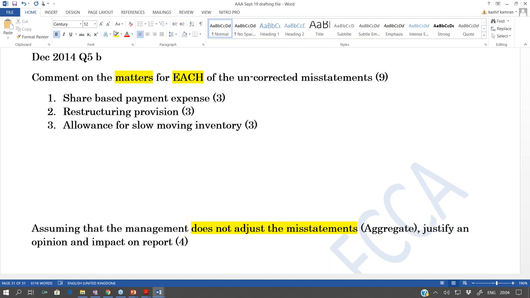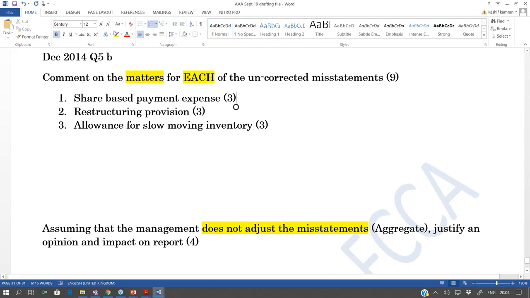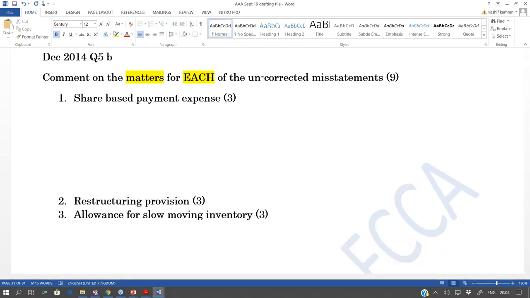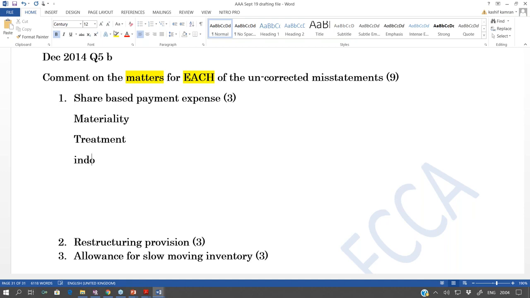Okay, let's find the answer. You first start with share-based payment. You will be thinking about the very first thing, materiality. You will then be thinking about the treatment, and then the individual impact, the individual opinion if the adjustment is not made.